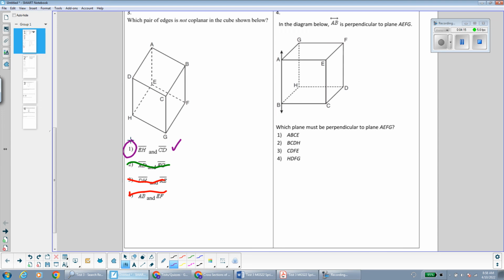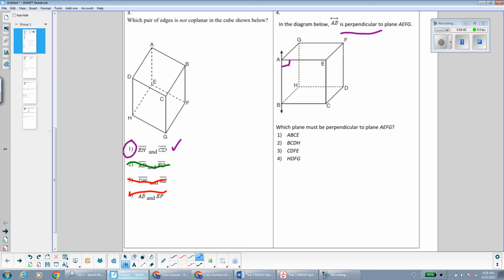In the diagram below, AB is perpendicular to plane AEFG. We know that perpendicular lines form right angles, so I'm just going to draw that into the diagram. AB is perpendicular to AEFG, so where they intersect, a right angle is formed. The question is asking which plane must be perpendicular to plane AEFG.